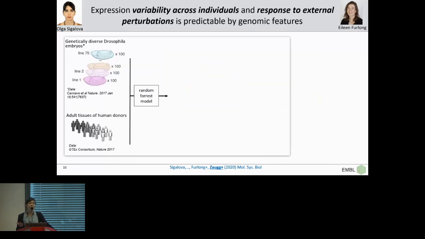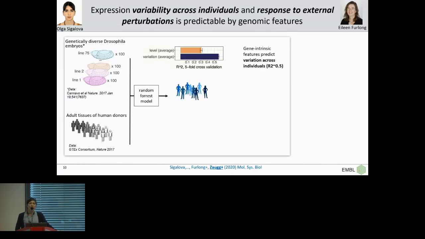And we did that in two systems. One was a very controlled system of Drosophila embryos, genetically diverse, 100 at a time. The other was a really messy system of postmortem samples from the GTEx consortium of human tissues. So Olga built a random forest model to predict variation across individuals in those two settings. What was quite intriguing to me is that we could predict variation across individuals just based on these genomically encoded features with an R-squared of 1.2 with a random forest model. Very simple.